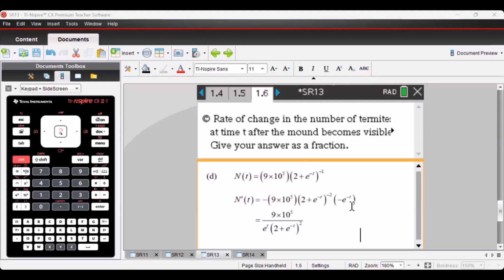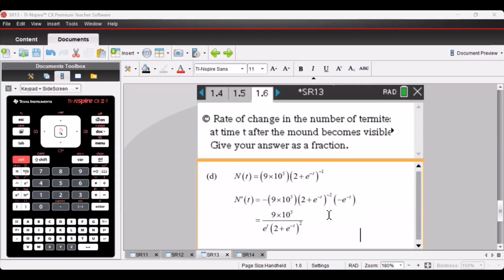So we can write our derivative as a fraction with the numerator of A, which is 9 times 10 to the power of 5. And this product is going to form the denominator of N dashed of t.